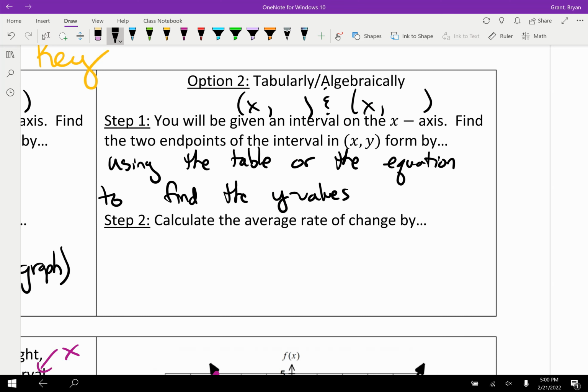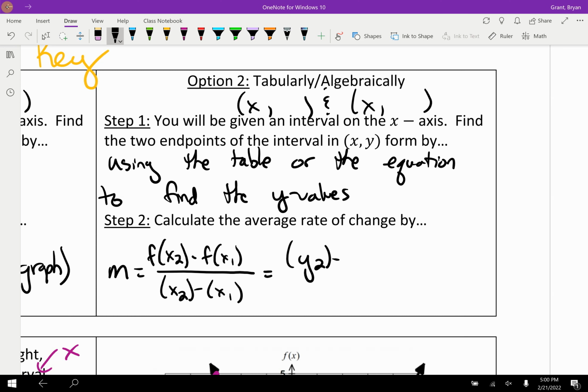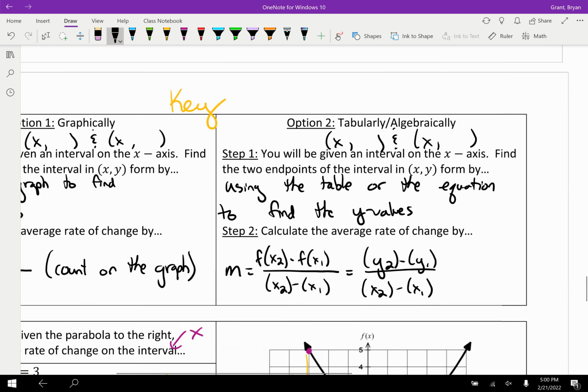Right? Then we calculate the average rate of change. So you could see that as our slope formula, and if it's the equation, you might see f of x2 minus f of x1, but you're more used to seeing that as y2 minus y1 divided by x2 minus x1. And that's that.